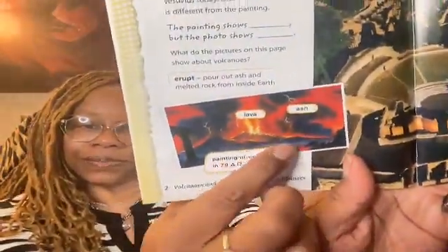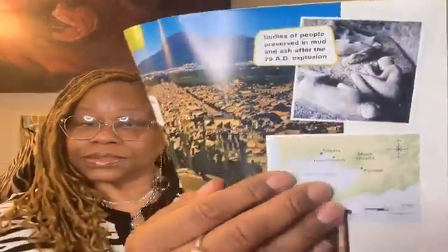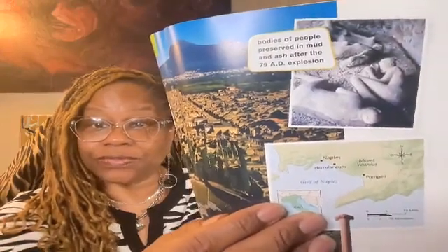What do you notice in this painting? Bodies of people preserved in the mud and ash after the 79 AD explosion. Real live bodies that were preserved in the ashes from that explosion.